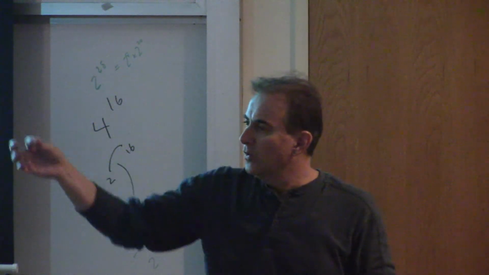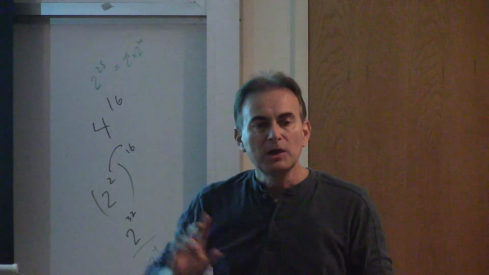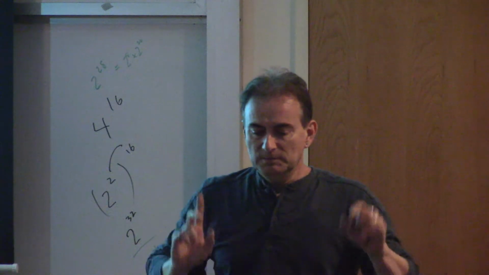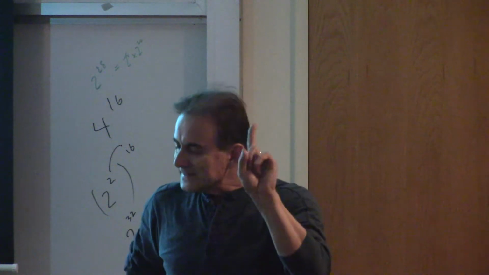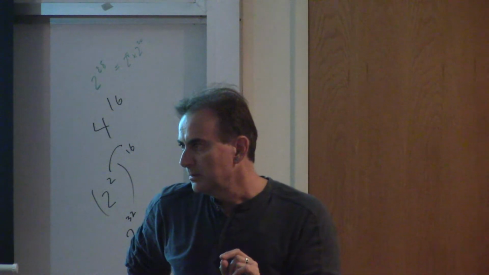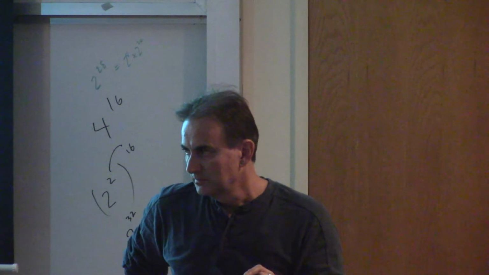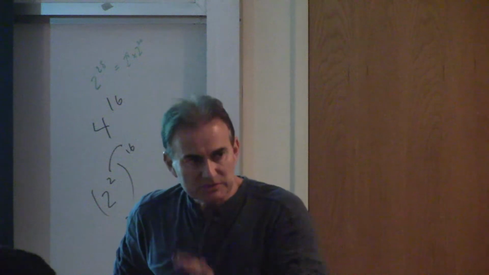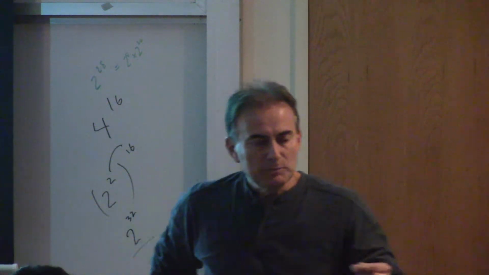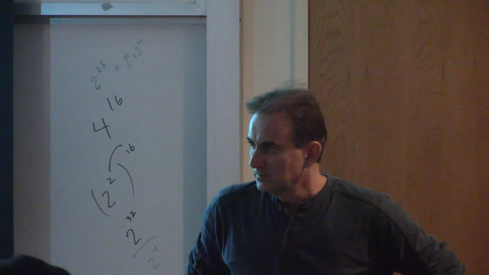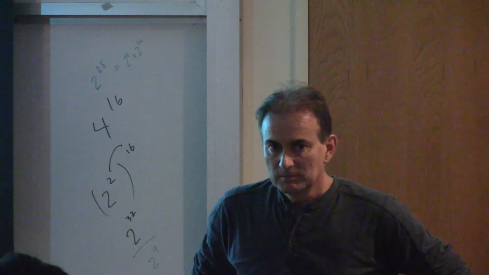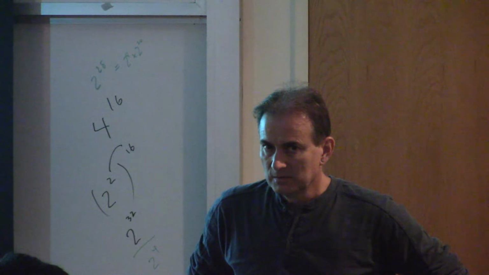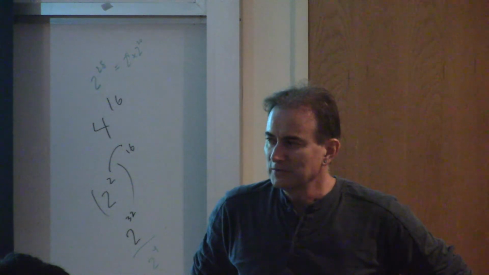So x1 over 10 factorial is the probability of the data being sorted in 1 pass. x9 over 10 factorial is the probability of requiring 9 passes. x8 over 10 factorial is the probability of requiring 8 passes, and so on. How do I compute the average number of passes?